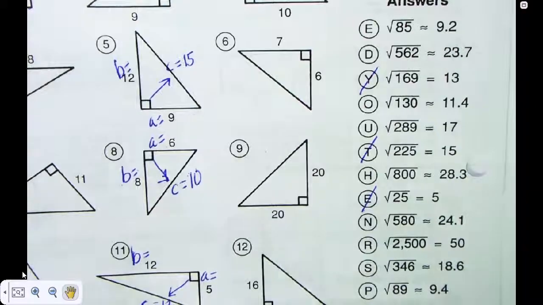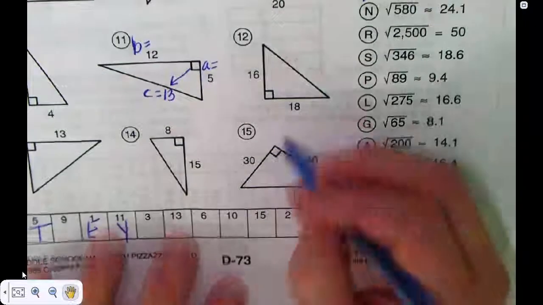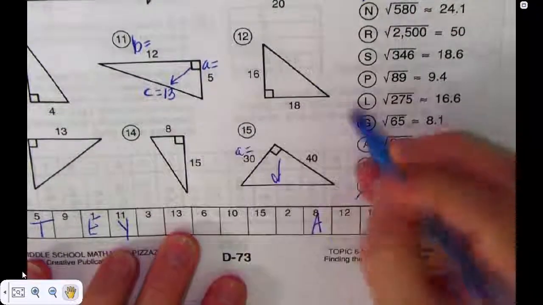All right, there's one more I want you to find. Not 3, not 2. No. Look at 15. Oh, come on, people. 15. So A is 30.